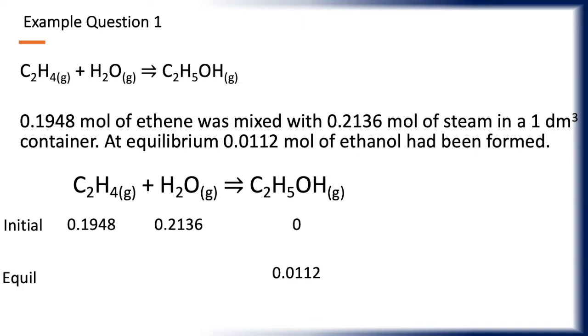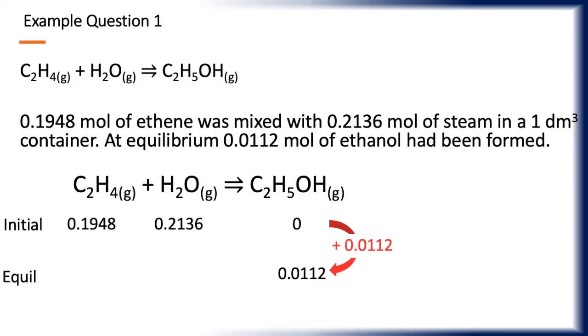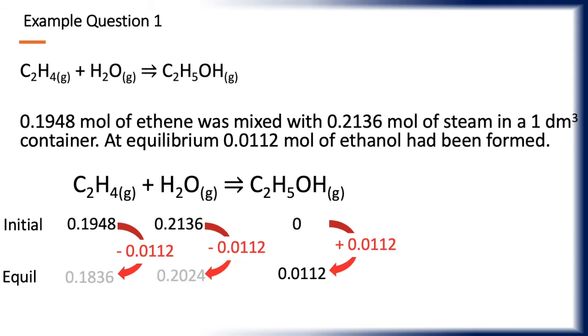So that means that during the reaction, I have formed 0.0112 moles of ethanol. Therefore, I must have lost the same number of moles of both steam and ethene because it's a 1-to-1 reaction for all. So if I take 0.0112 moles from both ethene and steam, I get my equilibrium moles.